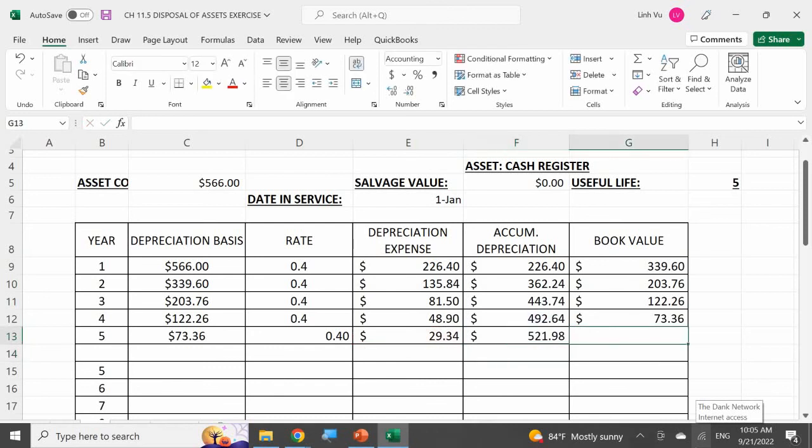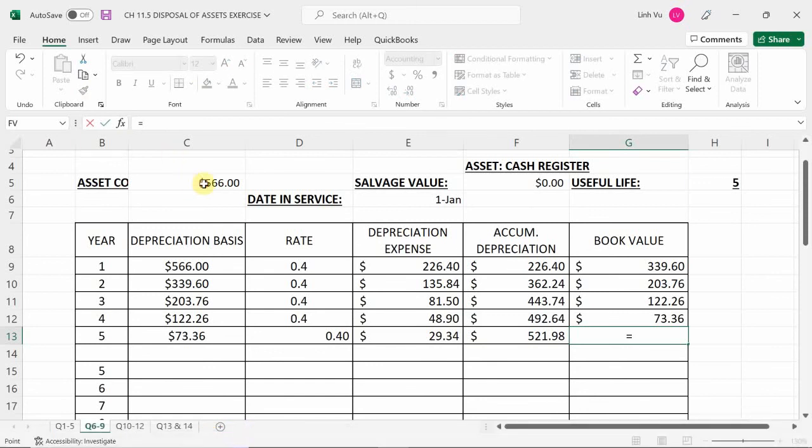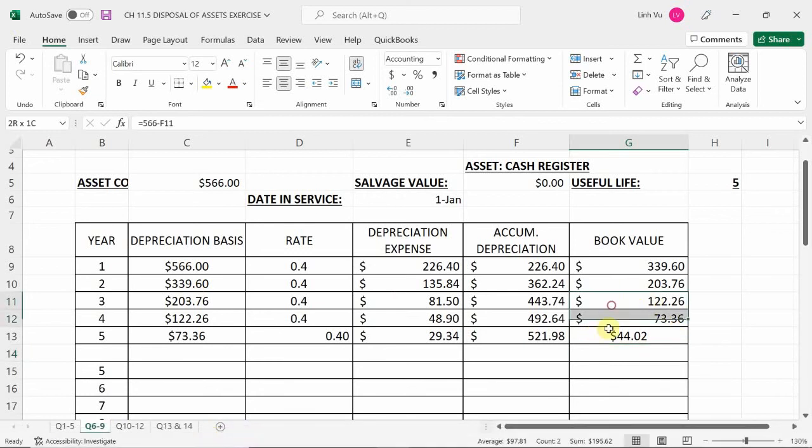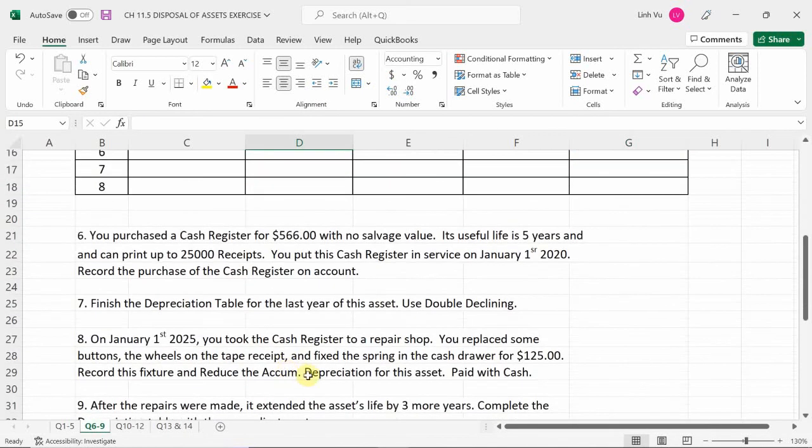So what's my book value? $44.02. $44.02 is your book value. Okay. Good. So then, let's see what happened next.